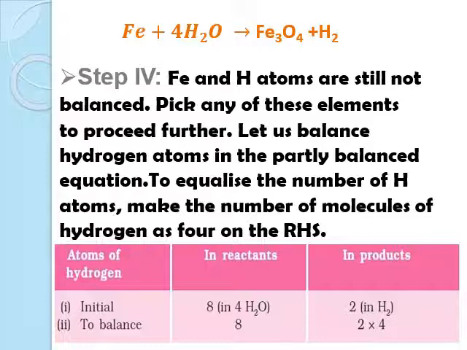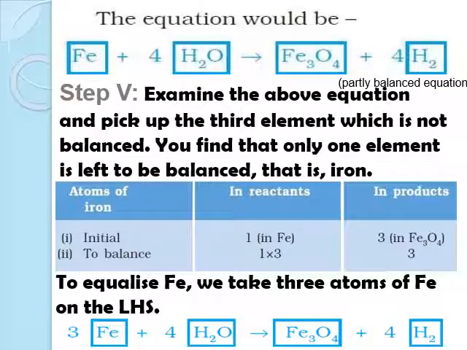To make the hydrogen 8 on the right hand side, we have to multiply by 4, so we write 4H2. Now we have 4H2O and 4H2 on the left and right hand side respectively.